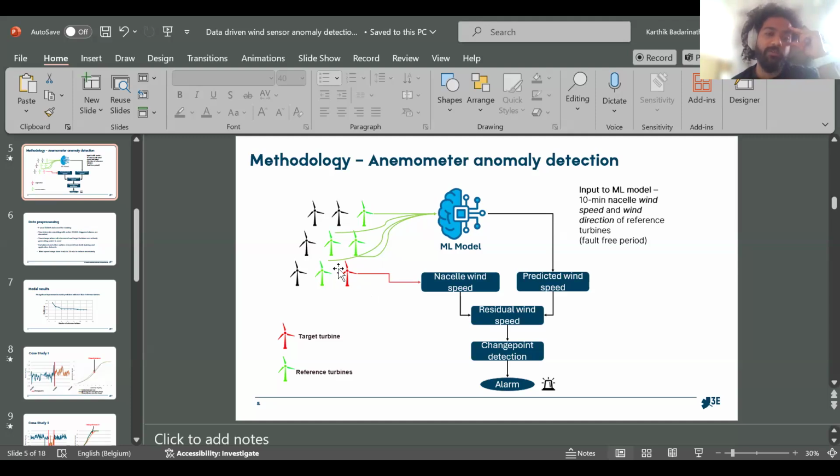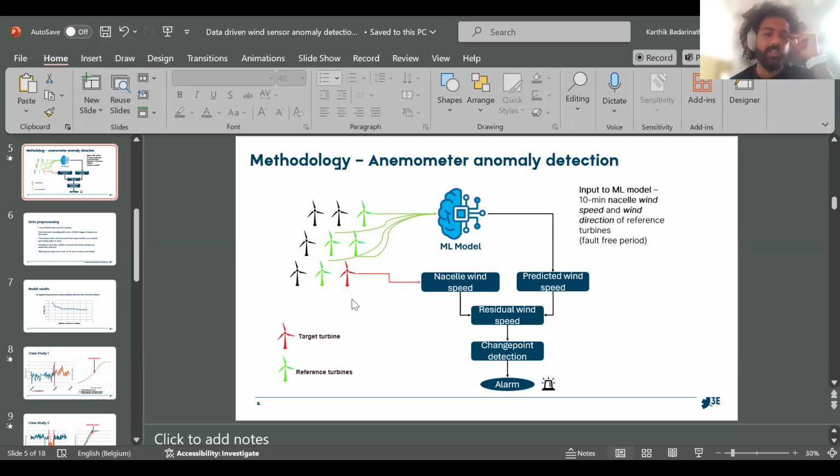If you have faults in more than half of your input features, the model obviously gives the wrong output. The assumption is that if there is a fault in just one turbine out of all the inputs, it still works well, which is what we found. But that's still a drawback for sure.